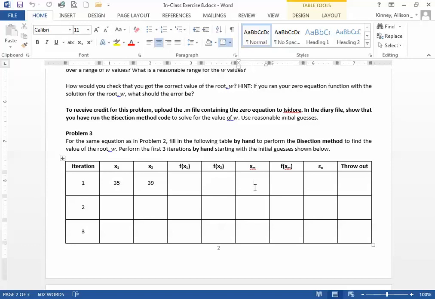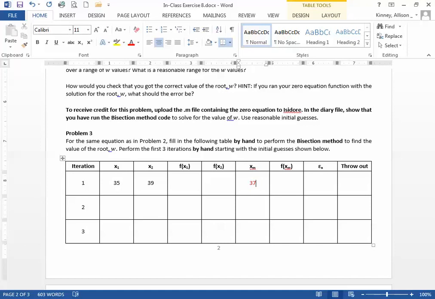It's xm is equal to x1 plus x2 divided by 2. What is that? The midpoint or the average, whatever you want to call it, right? That's what that formula is doing. So it's the average or the midpoint between these 2 points. So what's the average between 35 and 39? Hopefully we don't need a calculator for that. 37. So I put a 37 in here.